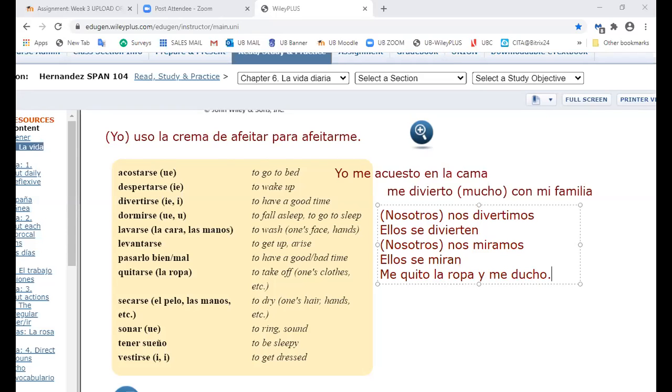Muy bien. So, let's say you are a parent and you have a set of twins. Los gemelos. Okay? Remember, me quito la ropa y me ducho. Tú y los gemelos llegan a la casa. Los gemelos, help me out.